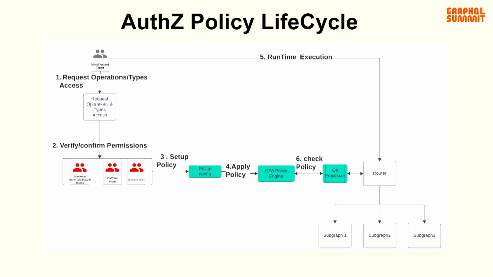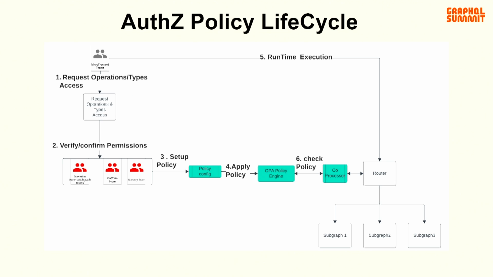We went through the need for the centralized policy manager, what is within the policy manager. So I'd like to walk through what is a typical life cycle of a policy management. The policy life cycle starts with the client teams requesting access to the Supergraph.